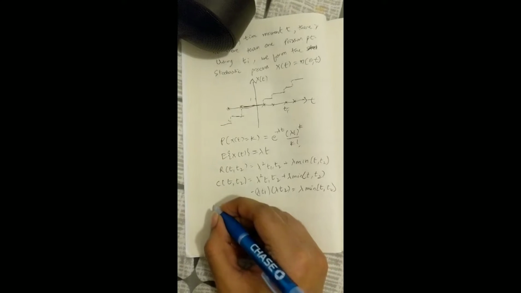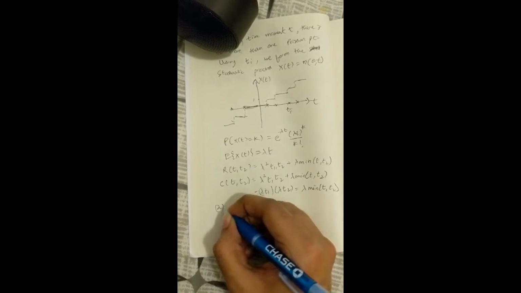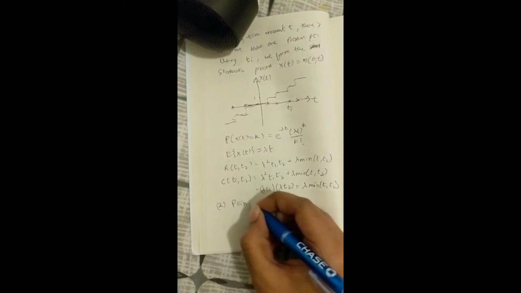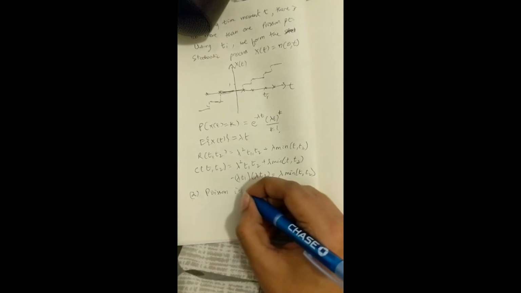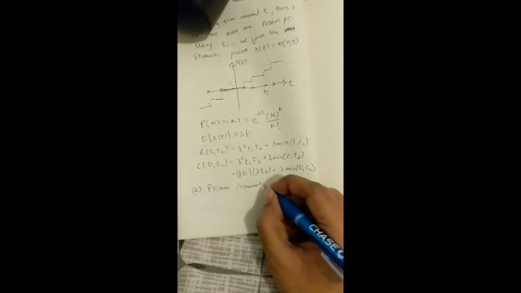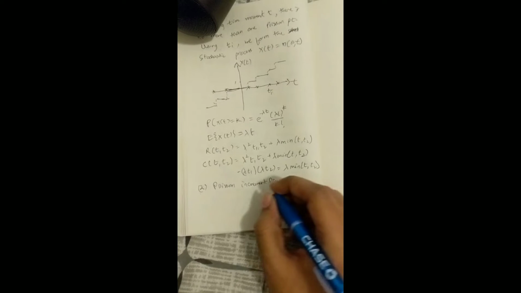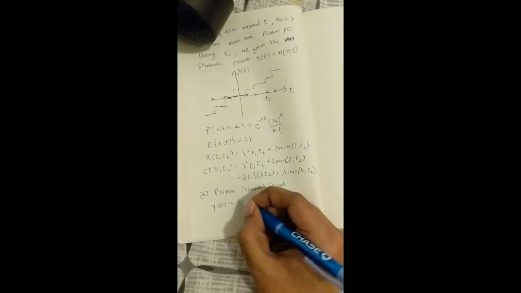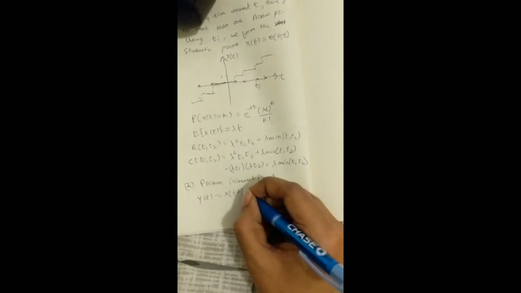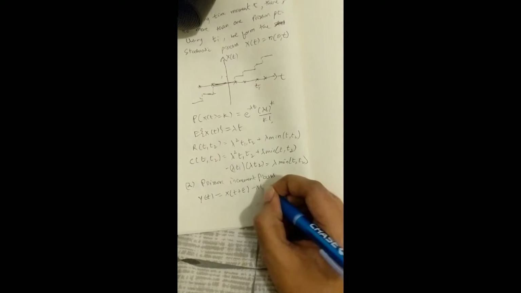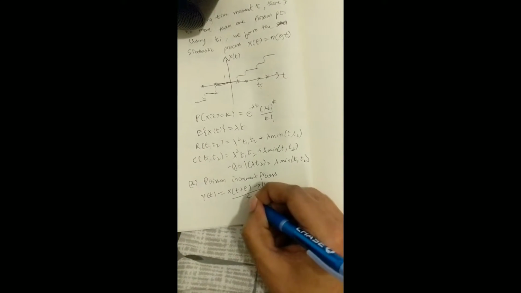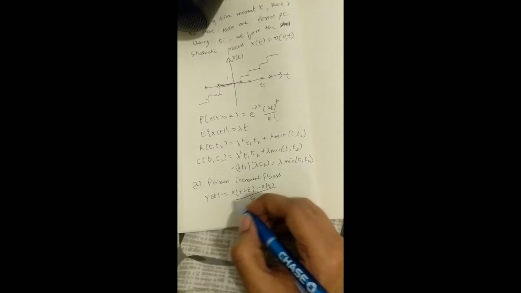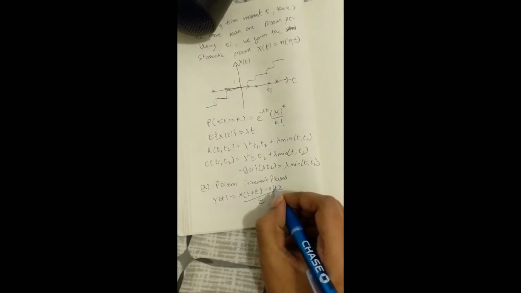Up next we have the Poisson increment process, which is defined as y of t is equal to x of t plus e minus x of t, divided by e, where x of t is a Poisson process.